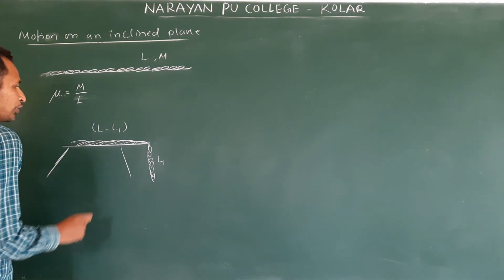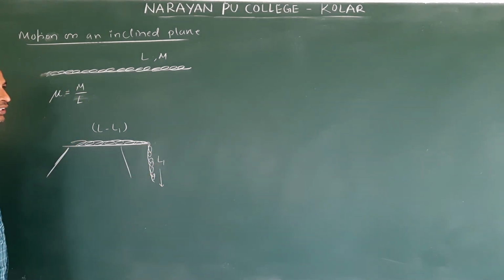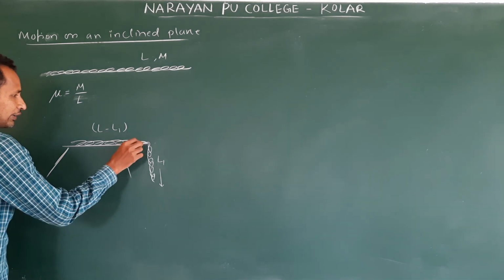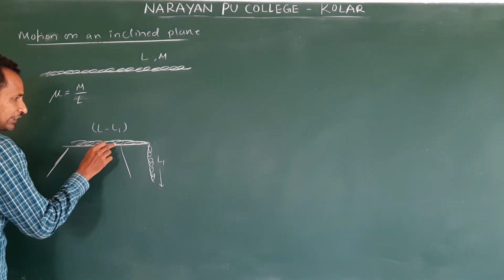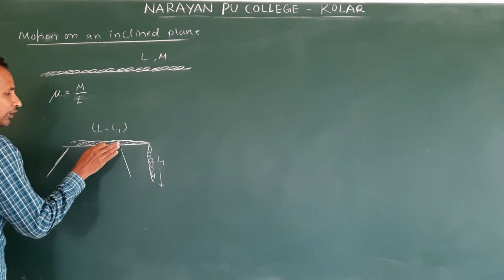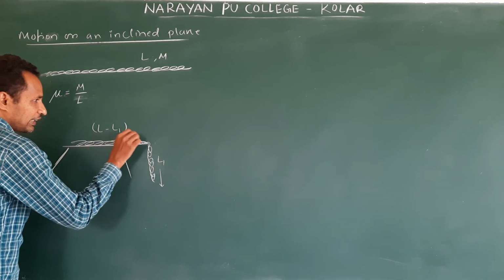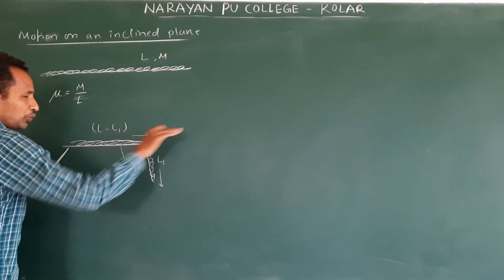So this is the minimum length so that it can hang. This weight pulls this object downwards. Am I correct or not? Right. And what is the tendency of the chain which is on the table? It moves in this direction.